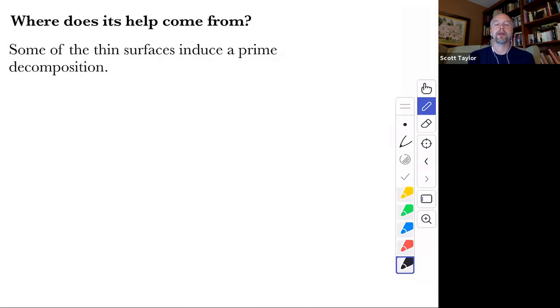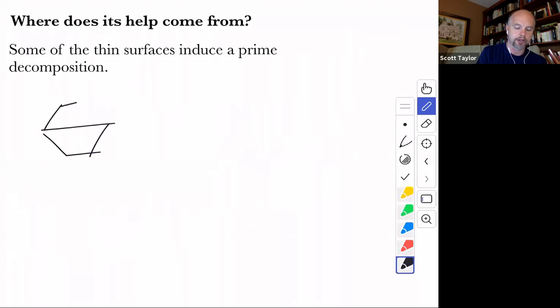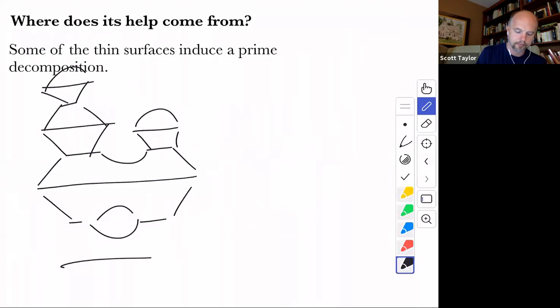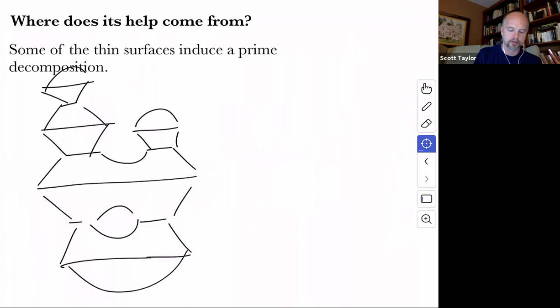Okay, so what is the great thing about our kind of thin position? Well, if you remember, we've built our spatial graph out of these VP compression bodies so that there are thick and thin surfaces. In the 3 sphere, you can't have this picture because this has 2 thin surfaces being non-separating.